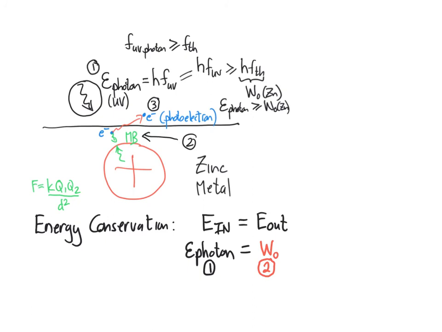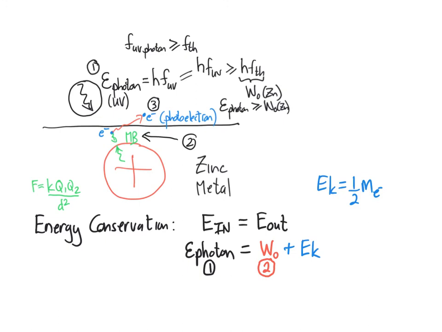The third component is the electron that leaves the surface, and it has an energy. And that energy is in the form of kinetic energy. Kinetic energy is the energy that a body possesses due to its motion, and it's equal to half the mass, and in this case it's the mass of an electron, which is a known constant.